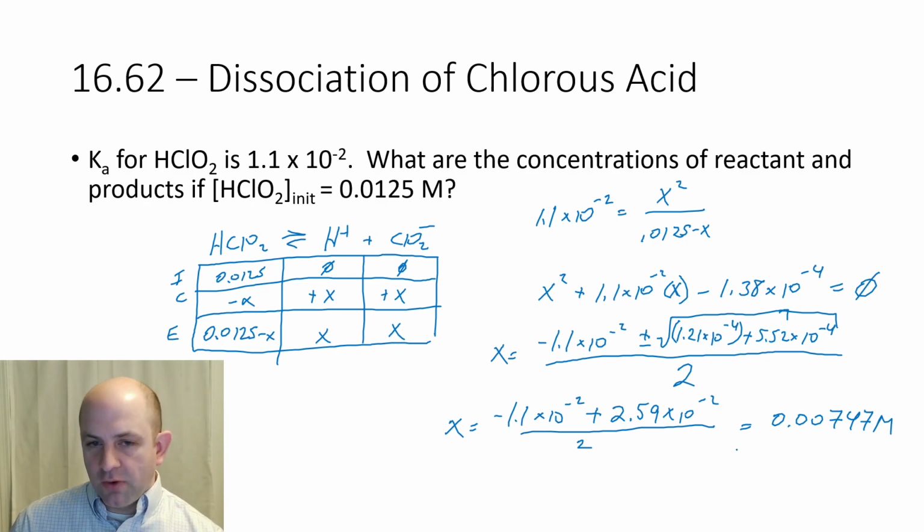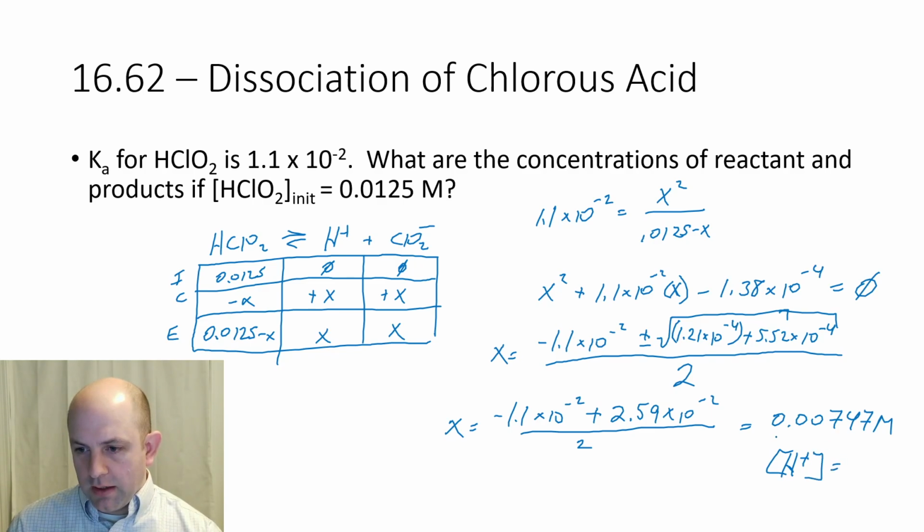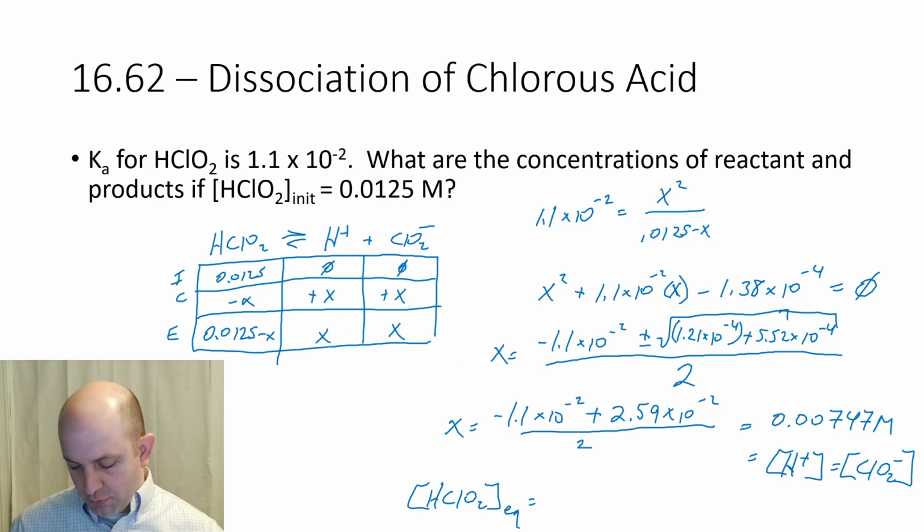All right. And so that's going to be two of our numbers. That's going to be H plus, and that's going to also be the chlorite, because they're both x's. And then the equilibrium concentration of the hypochlorous acid is going to be the initial minus that, so 0.0125 minus 0.00747, and so we get 0.0050, based on the 4 decimals here, molar.